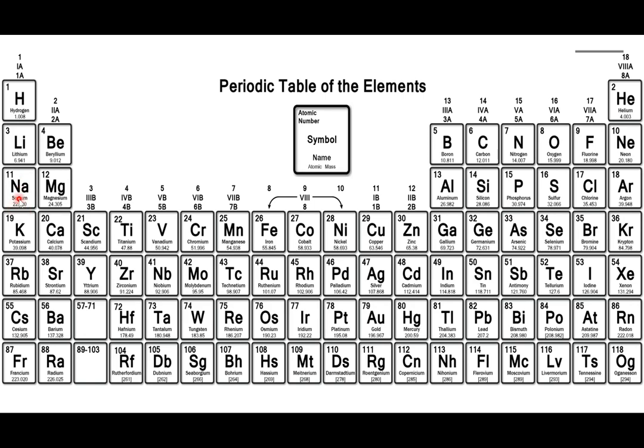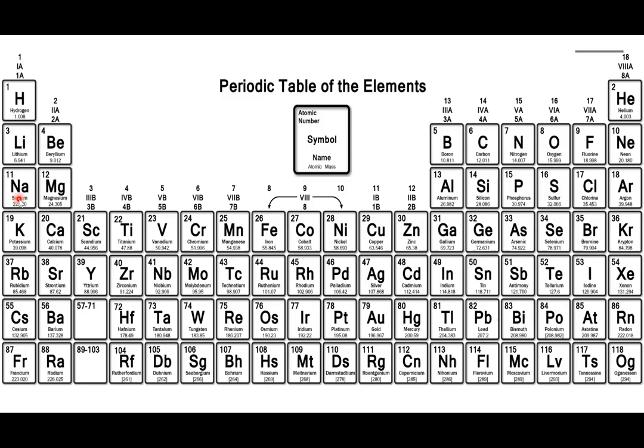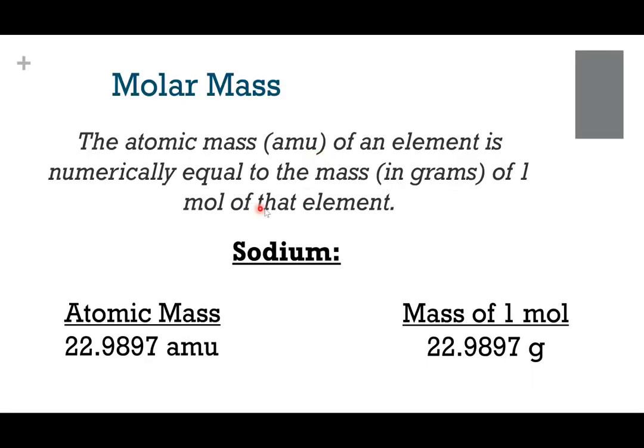That number on the periodic table is numerically equal to the mass in grams. So all that's saying is, this isn't atomic mass units, but now we're going to say 22.9 grams equals 1 mole of that element.